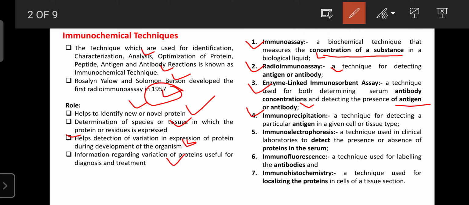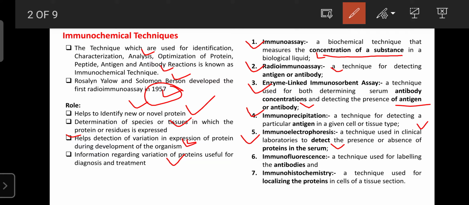So next one is the immunoelectrophoresis. It is a technique commonly used in clinical laboratories to detect the presence or absence of proteins in the serum. It is also a modified form of the immunoassay.